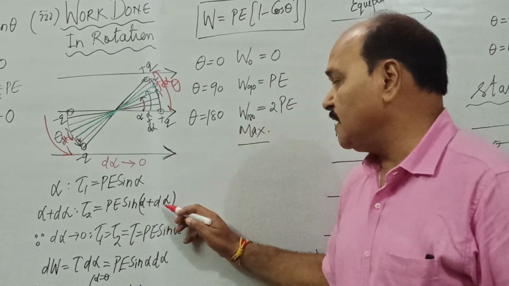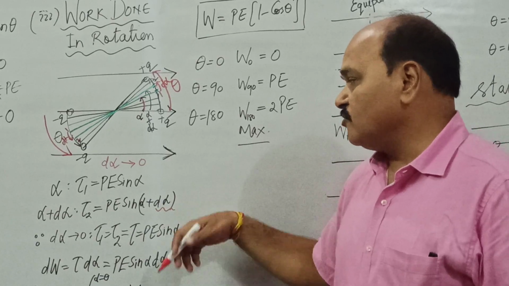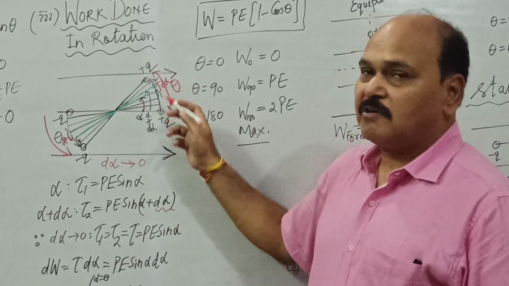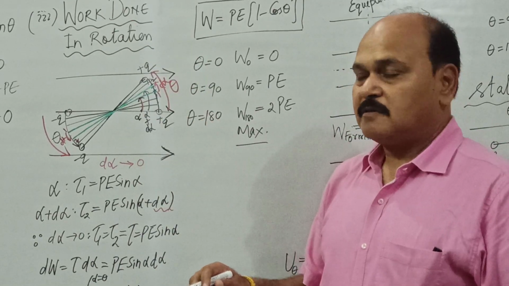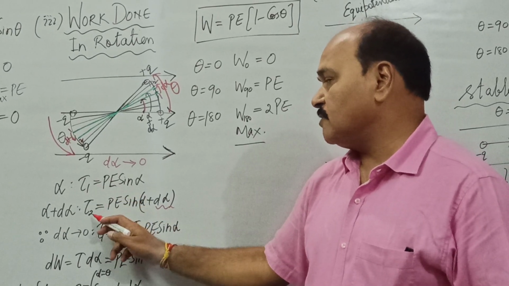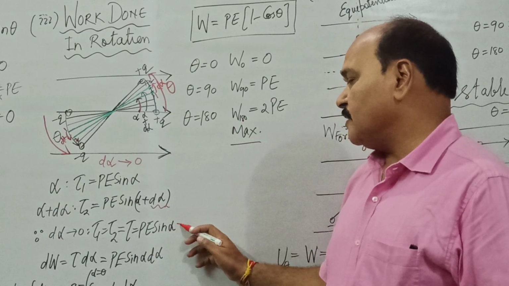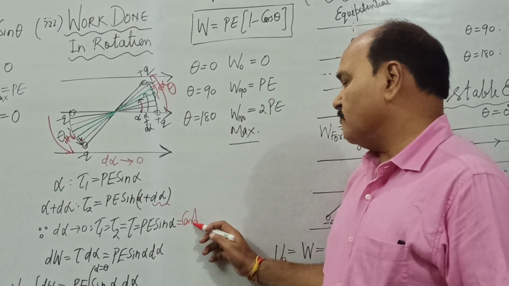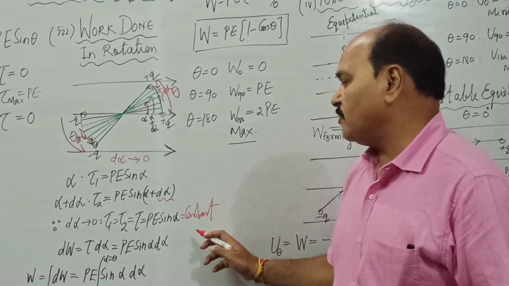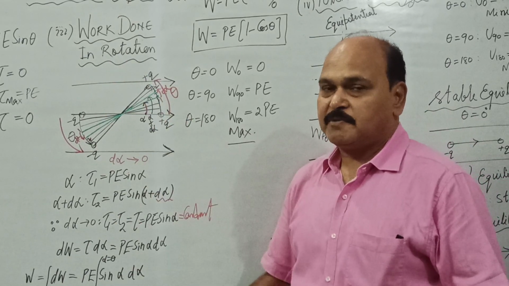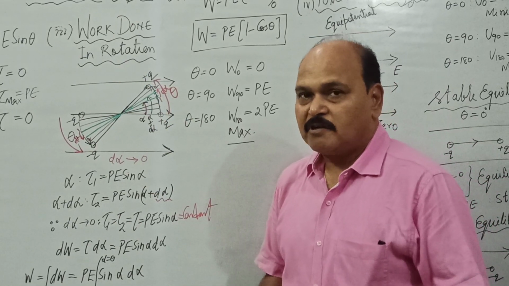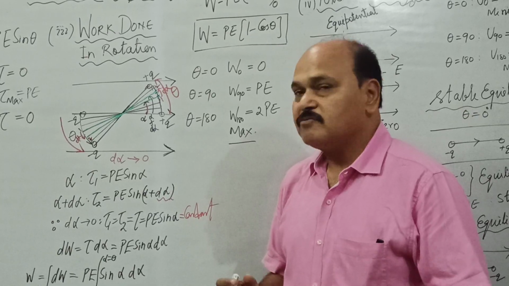Since d alpha tends to 0, we can assume that the torque over this angular displacement remains constant. Tau 1 is equal to tau 2 is equal to tau is equal to Pe sin alpha, a constant. Why? Because this angular displacement is tending to 0.